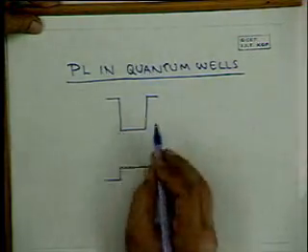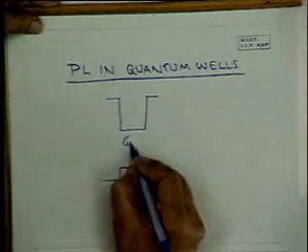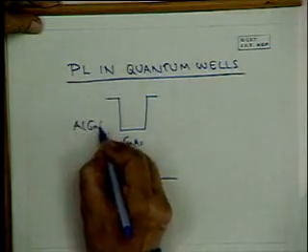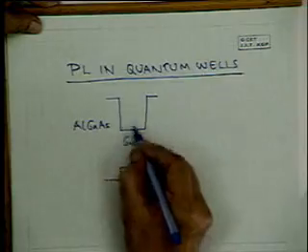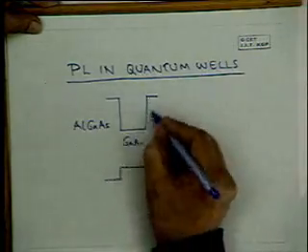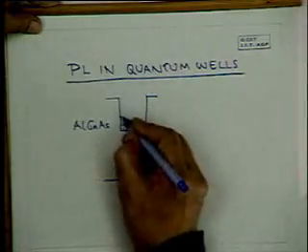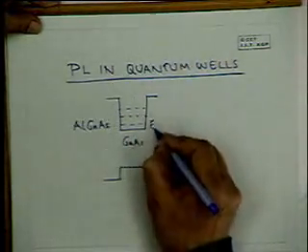So this is the quantum well typically made out of gallium arsenide, whereas the barrier is made out of aluminum gallium arsenide. And we know that this is a case of an electron in a potential well. These energies are given by the well-known Schrödinger formulation.